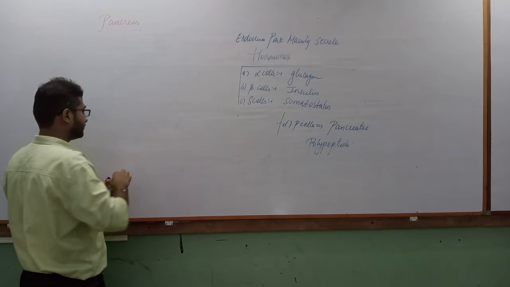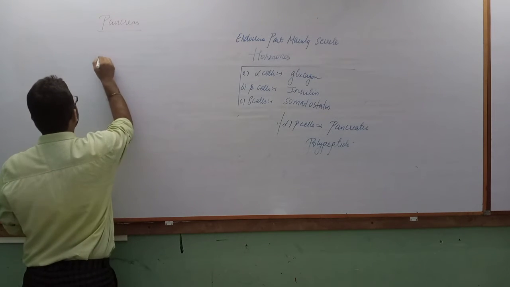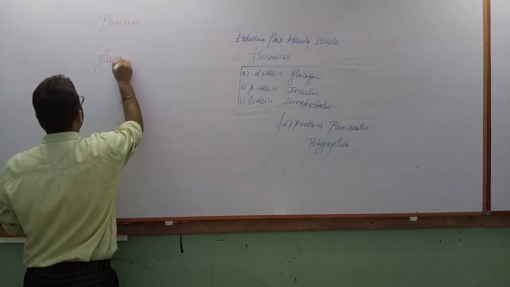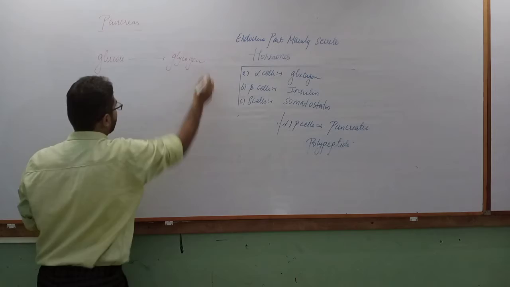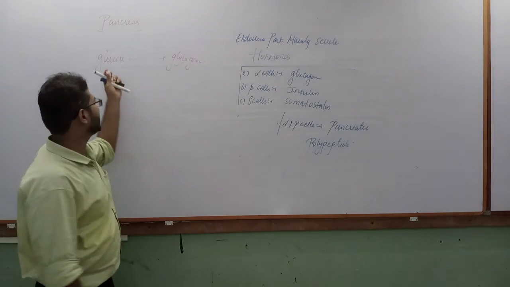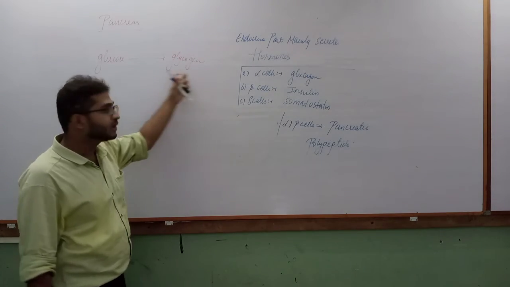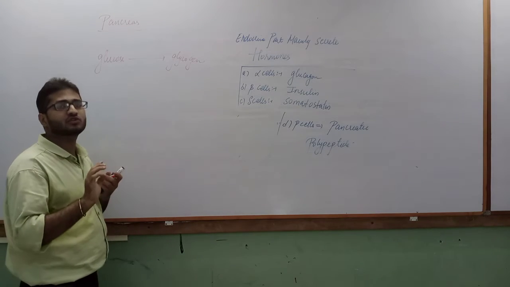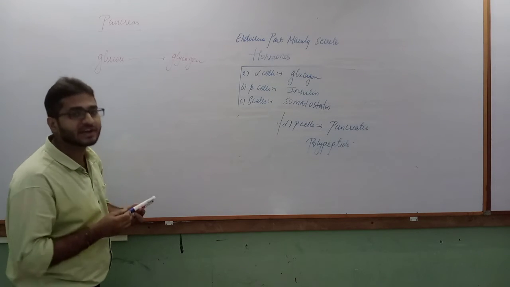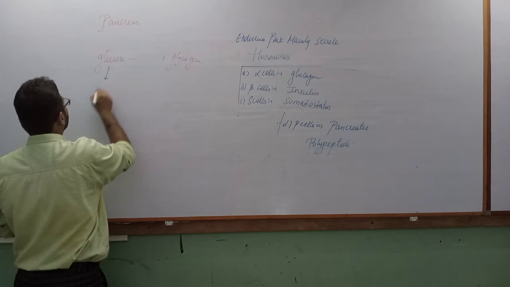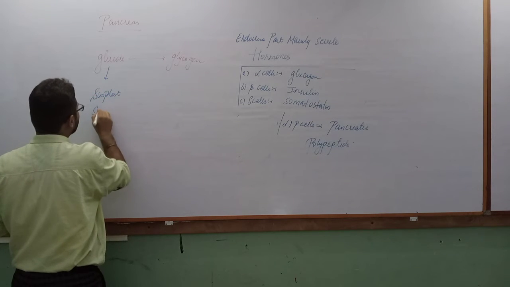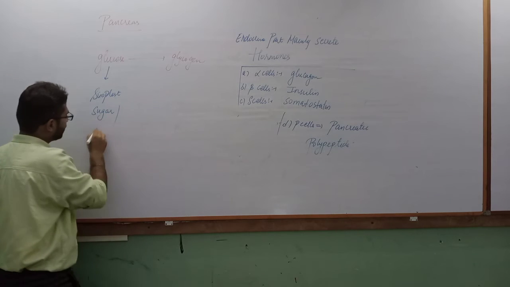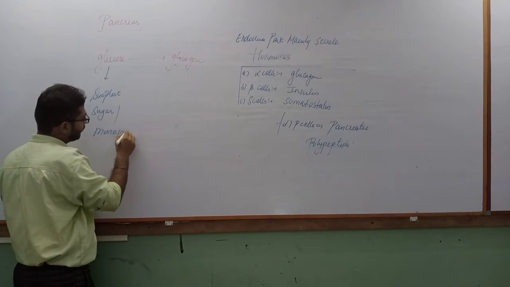So, glucose conversion to glycogen. Now let us first discuss what glucose is and what glycogen is. Glucose is the simplest sugar, or you can also call it a monosaccharide.